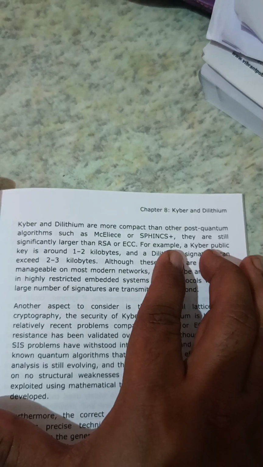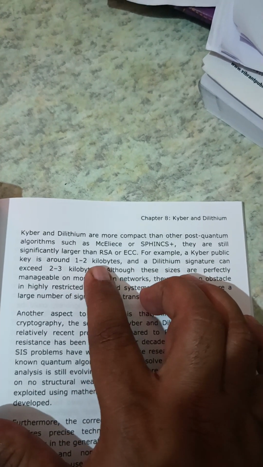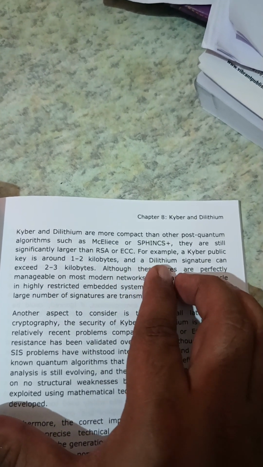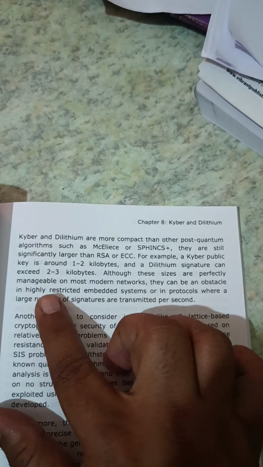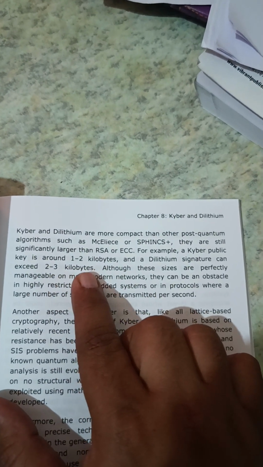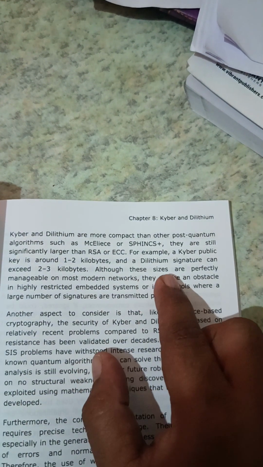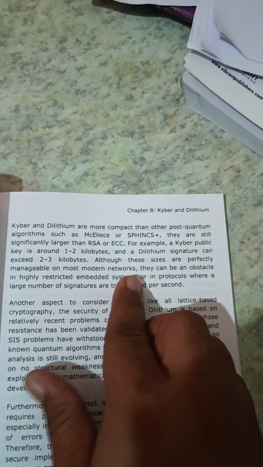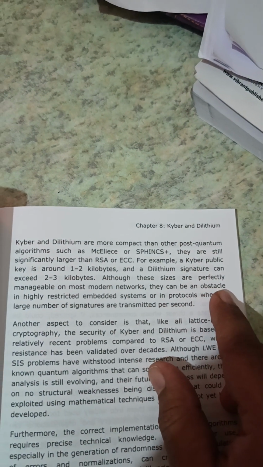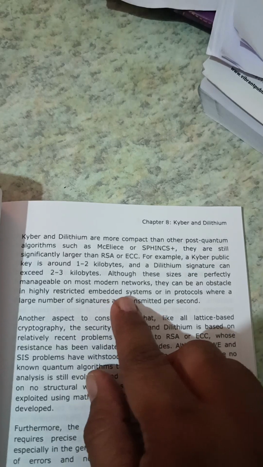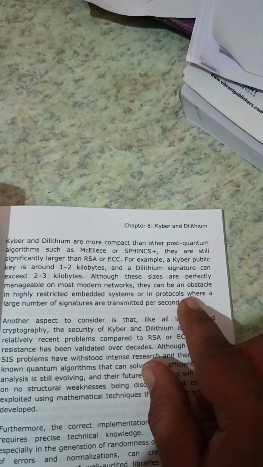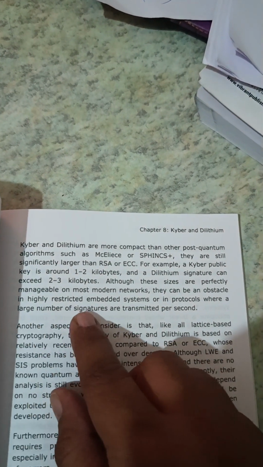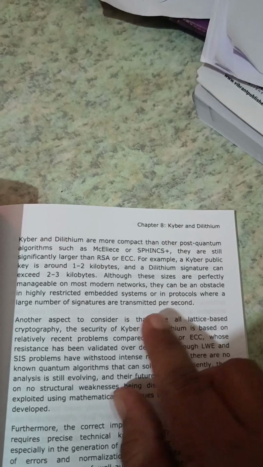For example, the Kyber public key is around 1 to 2 kilobytes, and a Dilithium signature can exceed 2 to 3 kilobytes. Although these sizes are perfectly manageable on most modern networks, they can be an obstacle in highly restricted embedded systems or in protocols where a large number of signatures are transmitted per second.